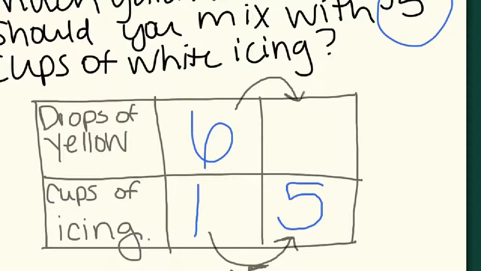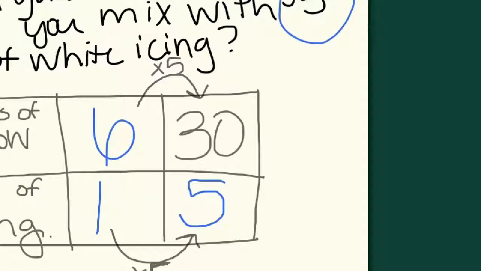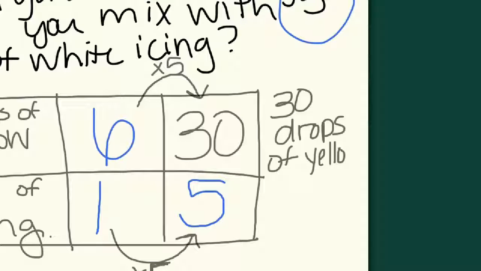I multiplied by 5 here, so now I must multiply by 5 here. 6 times 5 is 30. So my answer would then be 30 drops of yellow food coloring.